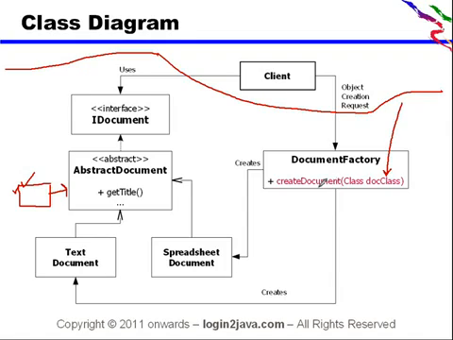If it implements iDocument properly, you can create the instance using reflection APIs by this class instance, and that document will be returned to the client. So this is dynamic inclusion of new documents in your factory method pattern.